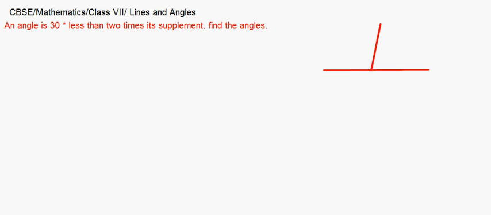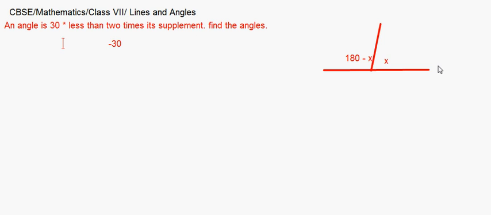Now if I'm taking one angle measurement as x, the supplementary angle to that given angle will be 180 minus x. Now the relation between these two: an angle is 30 less than, so whatever they say, we write it down first. This is 30 less than 2 times its supplement.